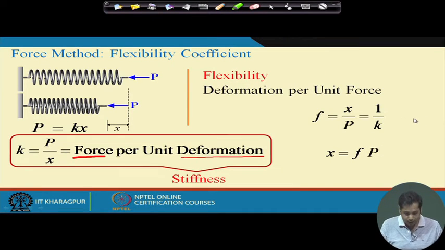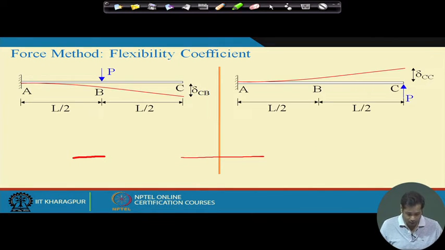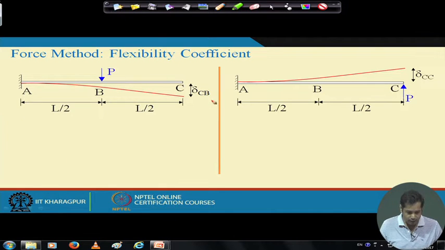Let's see what is the interpretation of flexibility in the case of different structural problems. Let's take two cases here. We have just now seen these two cases. These are the two basic determinate structures. This is the determinate structure under applied load, and this is the determinate structure under redundant forces.